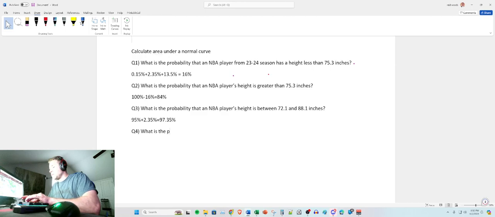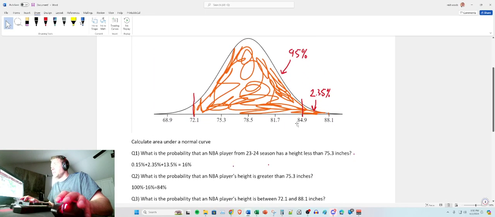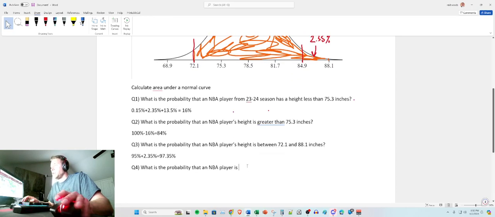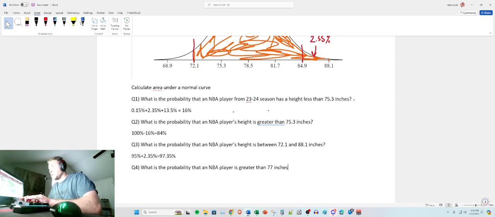What is the probability that an NBA player is, let's just say this, greater than 77 inches tall?